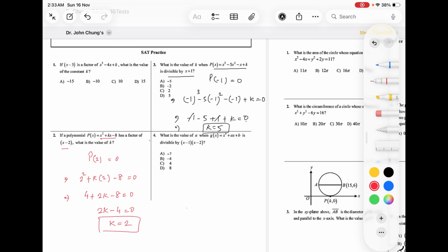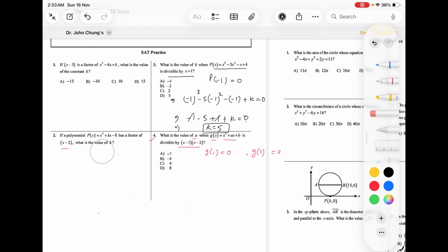Next question, what is the value of a when G(x) is divisible by this? Now it is divisible by both x minus 1 and x minus 2. It means G(1) is also equal to 0 and G(2) is also equal to 0. So when I take G(1) as 0, what I will get?